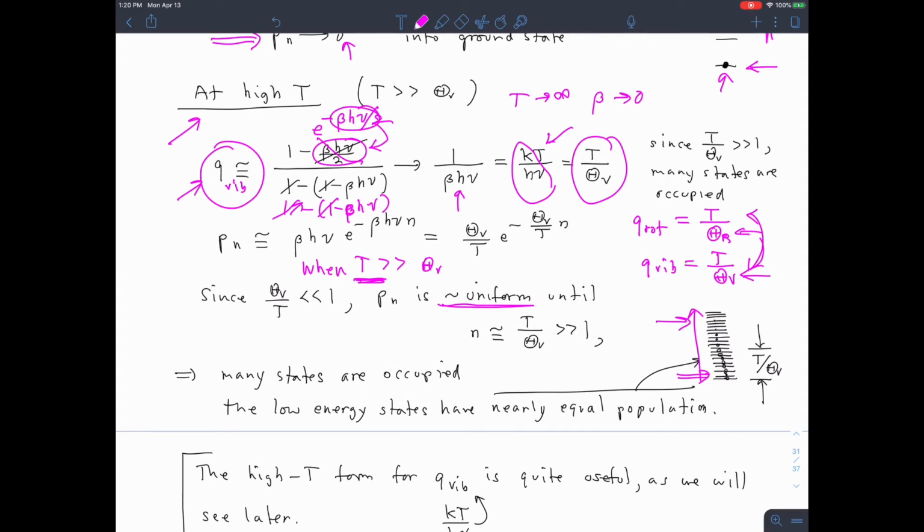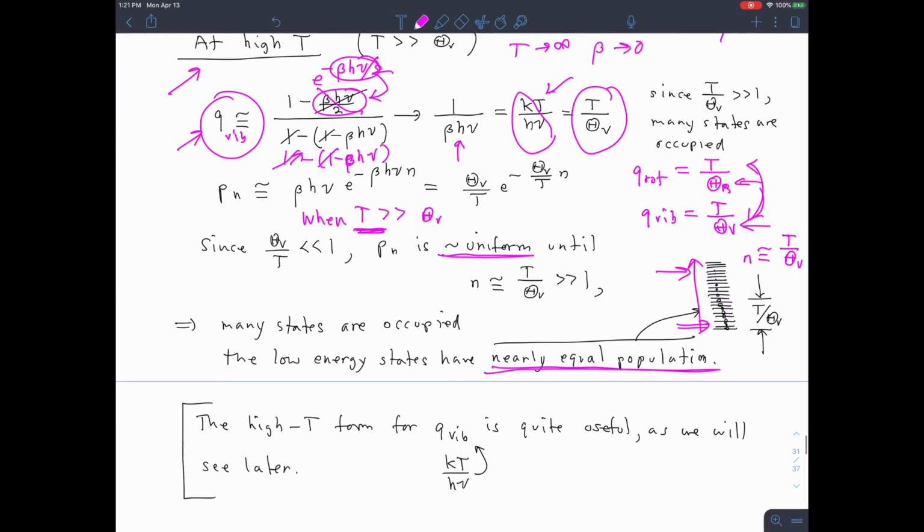And so you have nearly equal population for all the states up to a value of n that's about equal to T over theta V. So that's what you'd expect, right? If your temperature is high enough so that you've got a lot of thermal energy compared to the gap spacing between the levels, then a lot of levels are going to be populated.